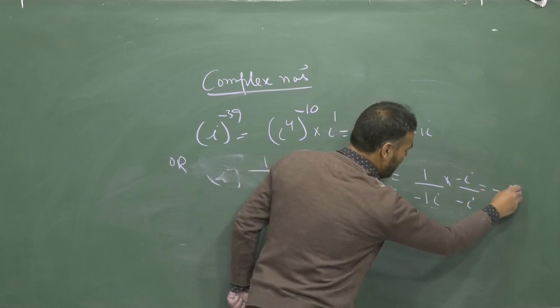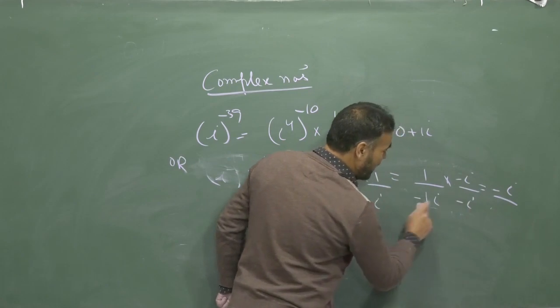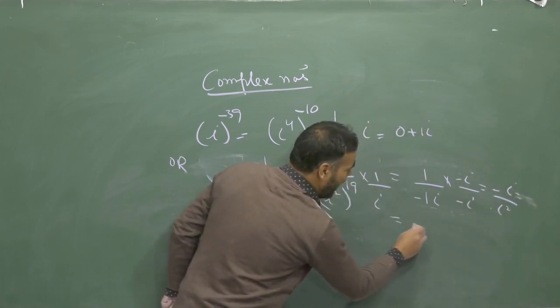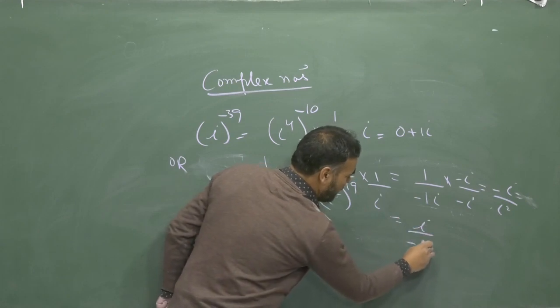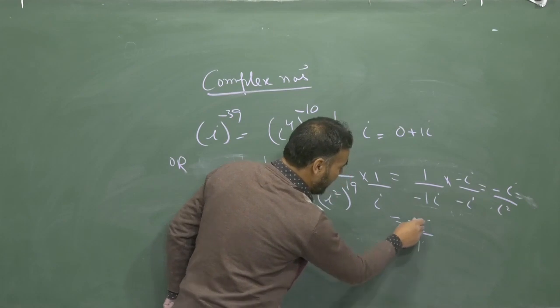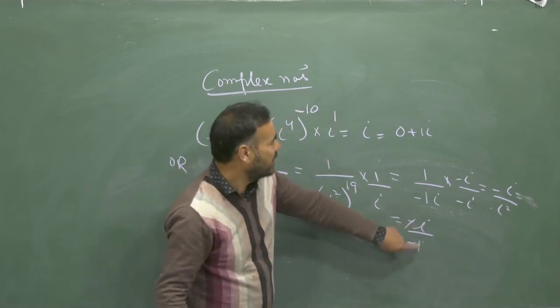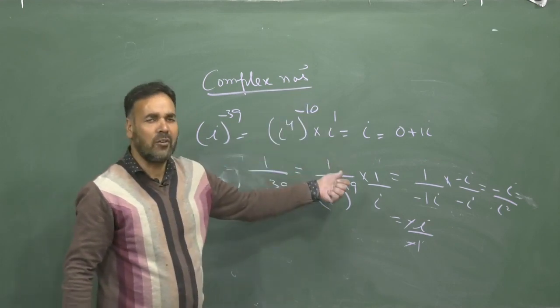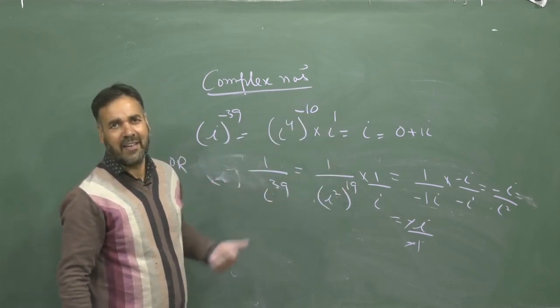It is -iota squared, iota square is -1, so -iota divided by -1. Negative and negative will get cancelled. It is again iota.